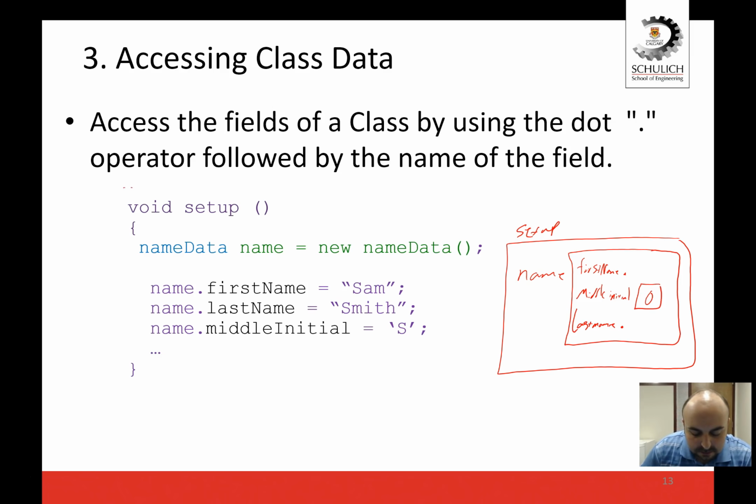Then you say name dot first name, just like it is the case with the arrays. This is the case of finding addresses. So it says, okay, first name dot, so name is here, dot first name, it's this guy here, and you need to initialize that to Sam. So it's going to construct a string named Sam, which has 0, 1, and 2 indices.